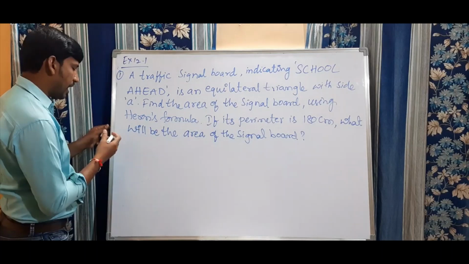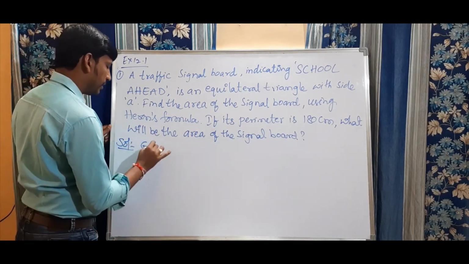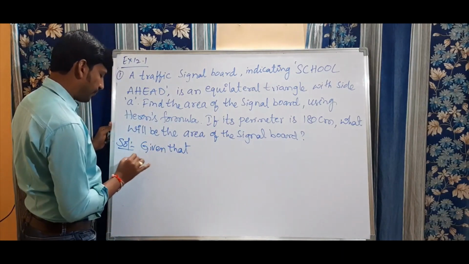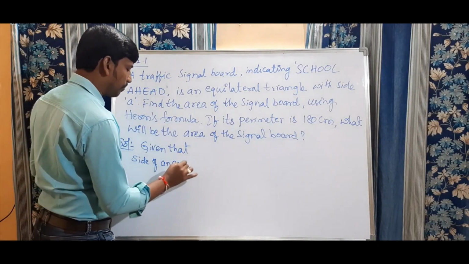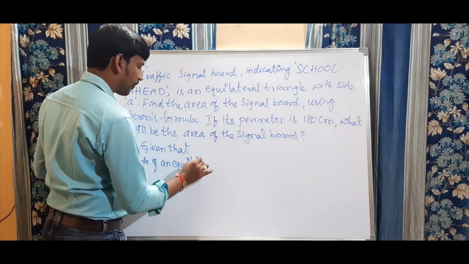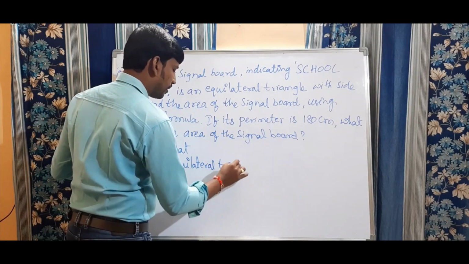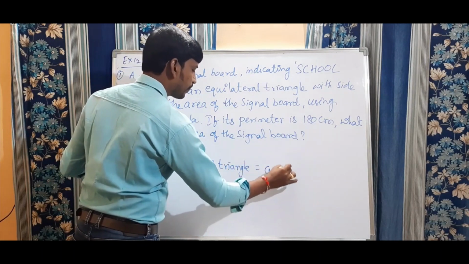Let us start the solution. Given that, the side of the equilateral triangle, that is the signal board, clear my dears, is equal to a units.